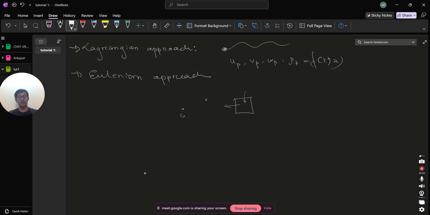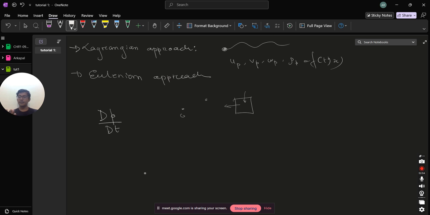Okay, so the material derivative is nothing but the rate of change of a property. It is denoted as capital D, the rate of change of a property with time when you are following a particle. Following a particle is quite intuitive, but when we go to the Eulerian approach, it becomes conceptually difficult.